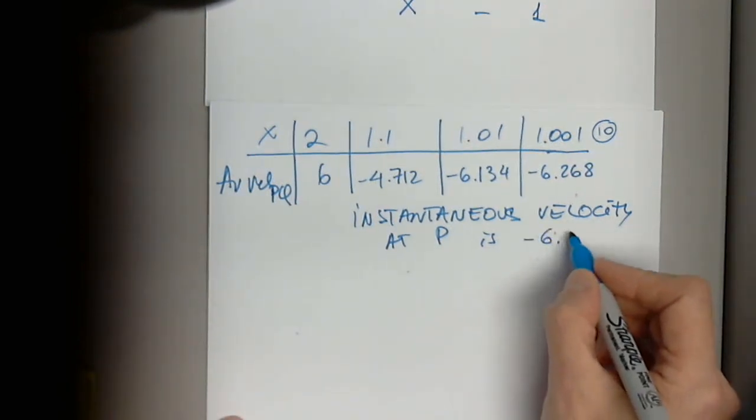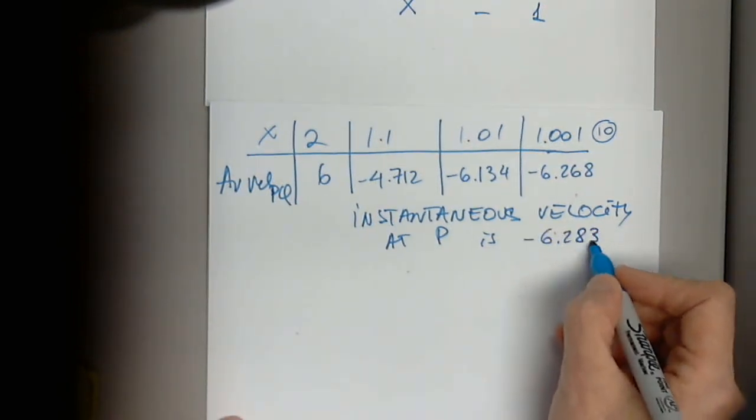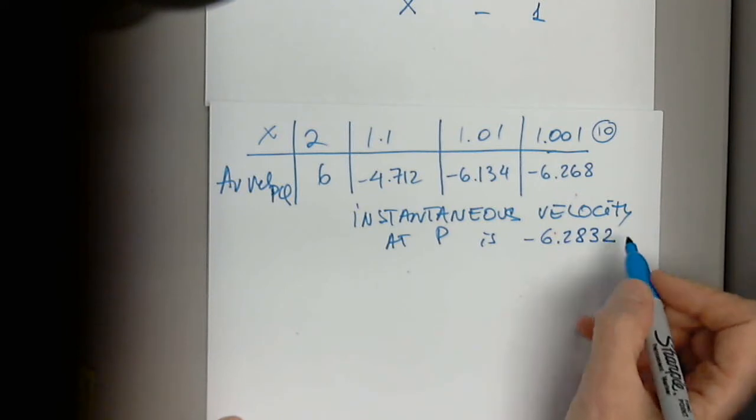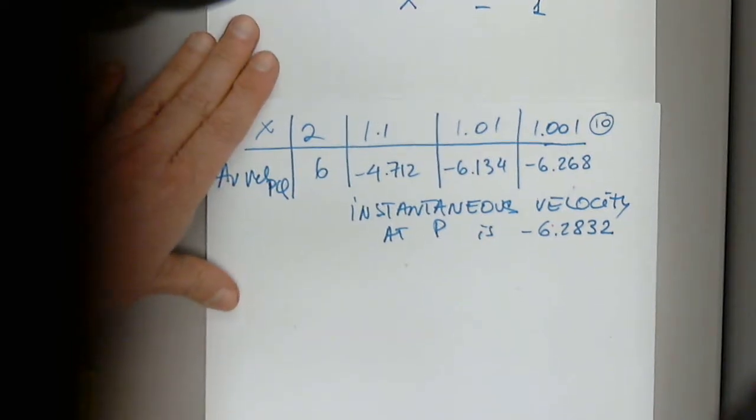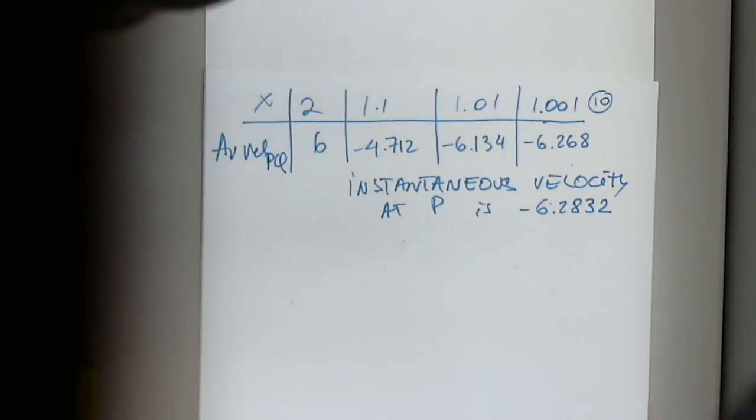Is negative 6.2832, I think, when we looked at it. Just looking at the table one more time. Yes, 2832. Measurement units. We can't draw any conclusion or finish the problem without deciding what is the measurement unit.